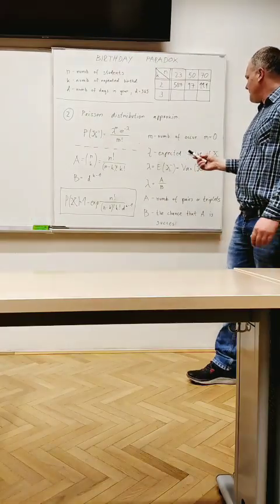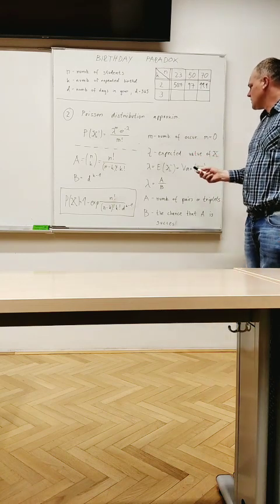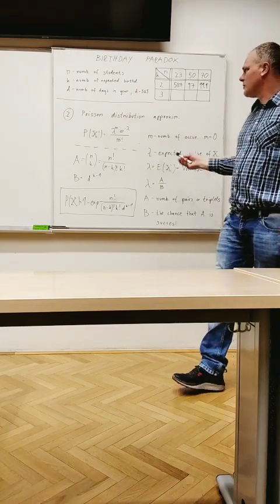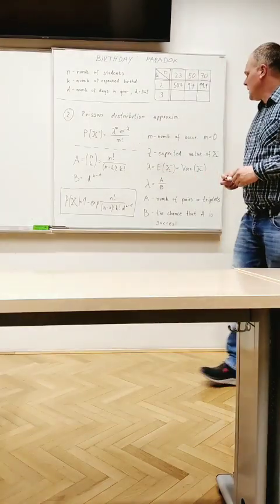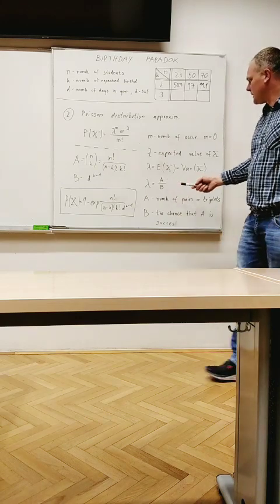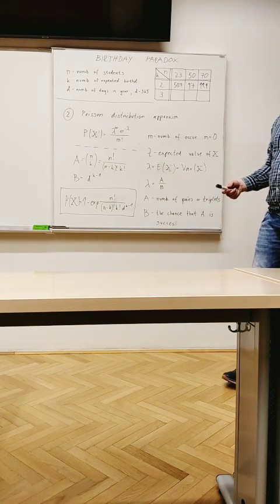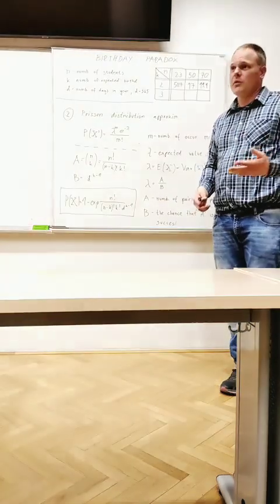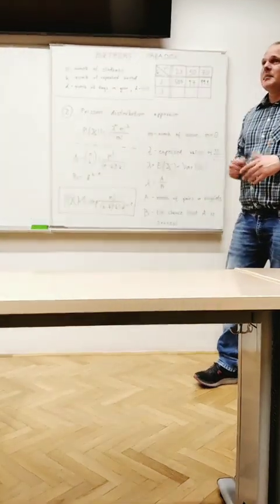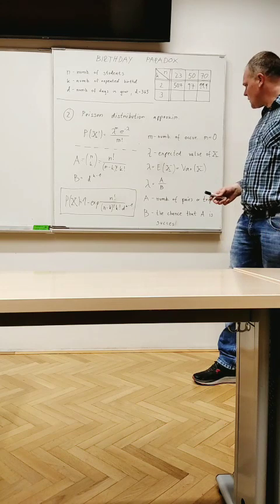And lambda is the expected value of x, which is also the same as the variance of x for the Poisson distribution. And this lambda consists of, again, a quotient of 2 terms A and B, where A is the number of pairs or triples, or 4 if you would like to know for 4 people, and as many as you will, you just change this number.